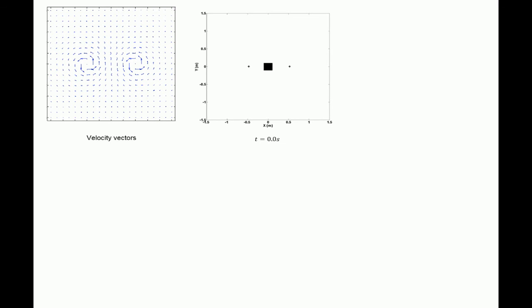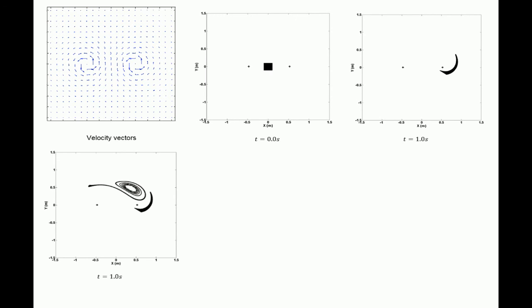We can change the experiment. Instead of 15 particles, we can put a patch of particles at the center of the 2 vortices. If you remember, for 1 second, the right vortex is on, so the particles travel this way. For time 2, the left vortex is on and the particles travel to the left side.